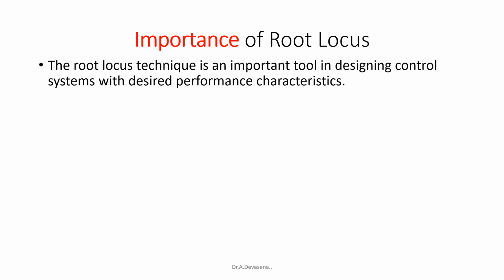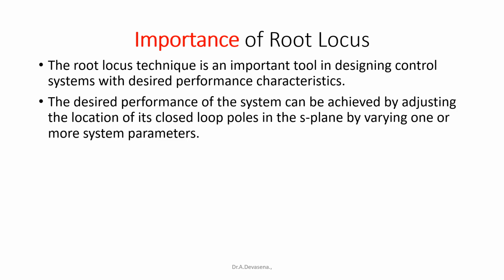Let us see the importance of the root locus. The root locus technique is an important tool in designing control systems with desired performance characteristics. The desired performance of the system can be achieved by adjusting the location of its closed loop poles in the S-plane by varying one or more system parameters.